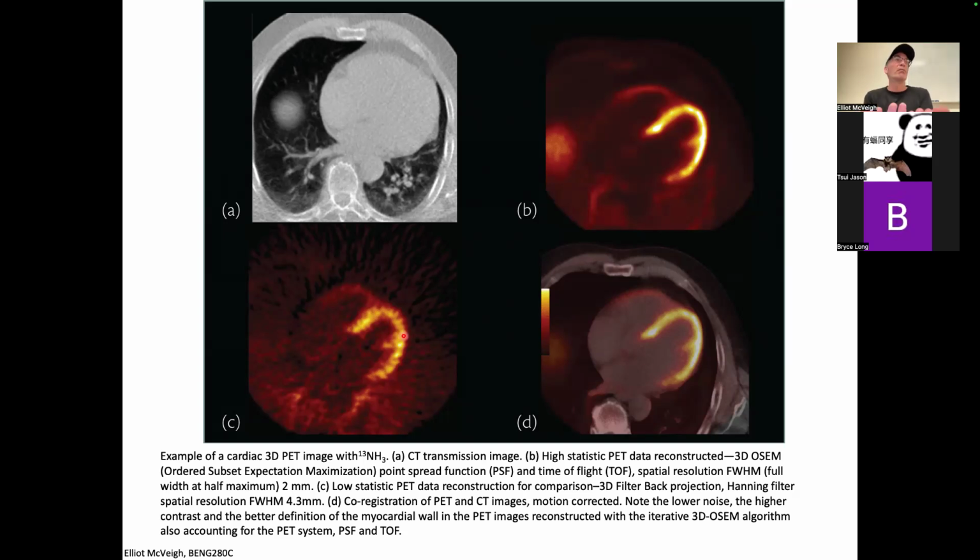We're going to do the physics modeling of what's going on and iterate until we get a picture that is more realistic, right? And you can do this in phantoms. You put a ring, say a water ring, in a PET scanner, and in the water you inject the PET agent, and image it.